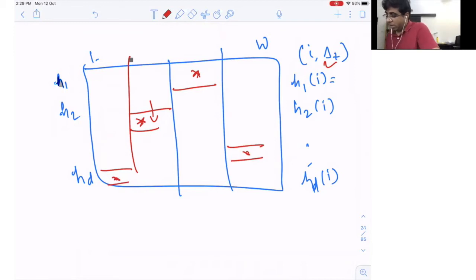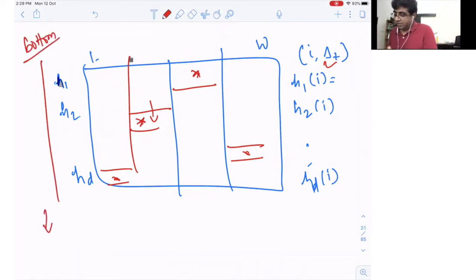Now suppose, so this is the data structure at the bottom. What will the data structure on the next level be? I will still have h1 to hd, say 1 to w, okay? Now what happens? So I have those same buckets, but now I will do it slightly differently.